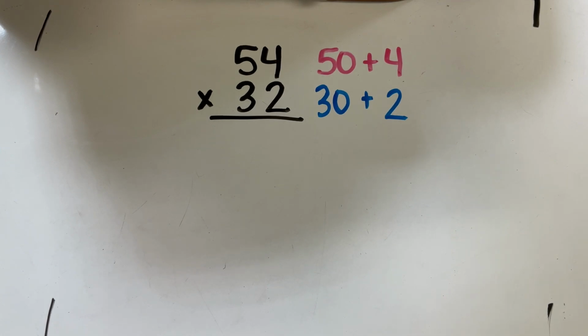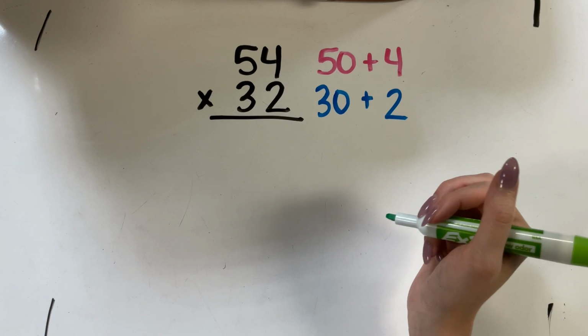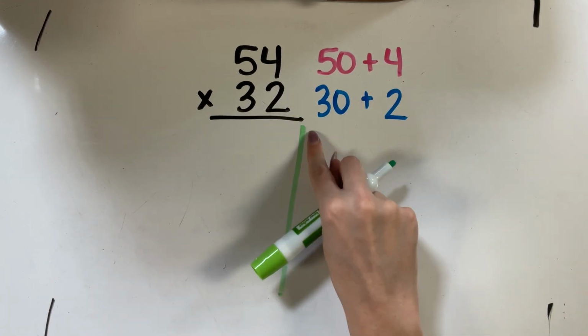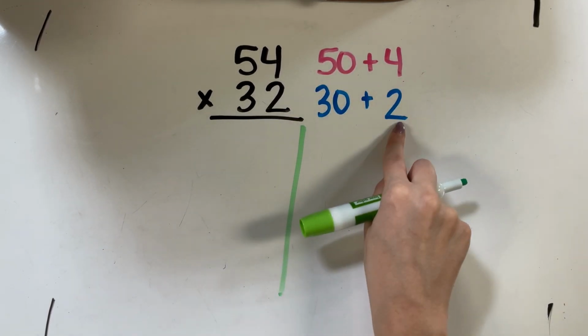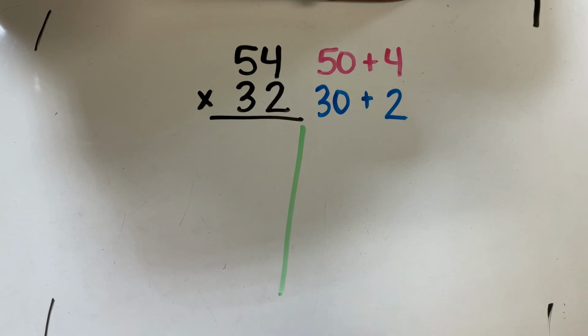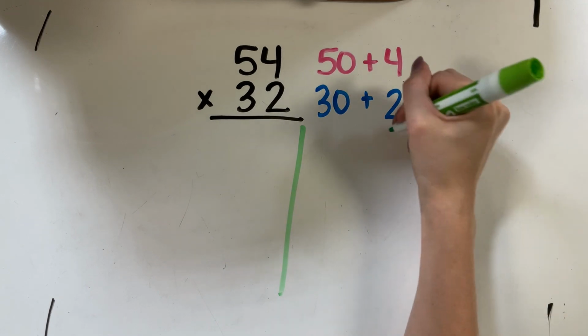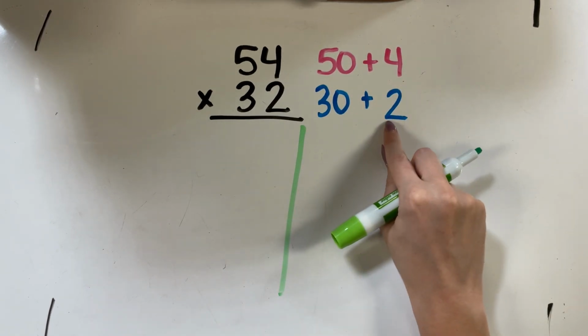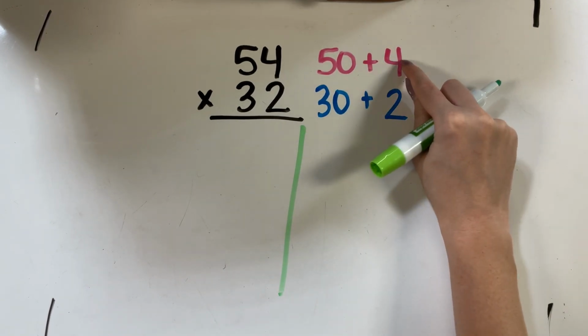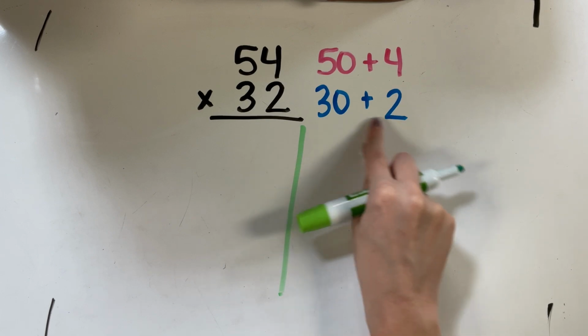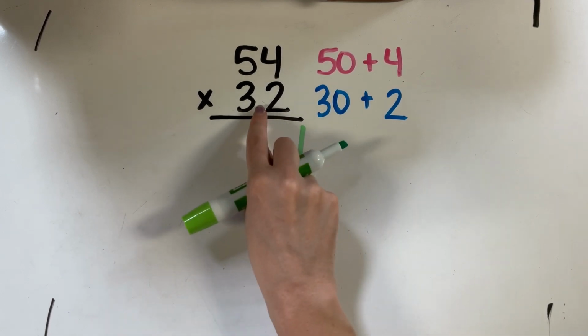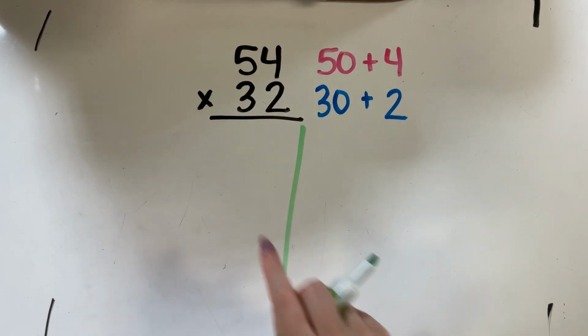Now, I am going to make a little list right here of all of the combinations of numbers that I need to multiply. I'm always going to be multiplying, in this case, a blue number times a pink number. I'm never going to multiply together two numbers that come from the same value right here. No way.